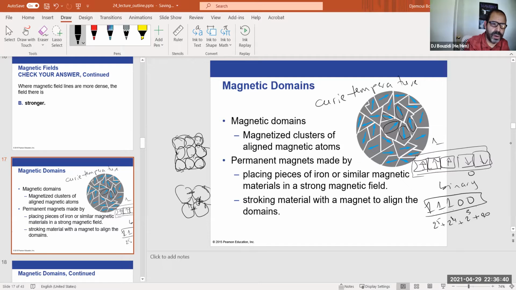That's 8, 16, and 32, plus 2 zeros. Anyway, forget about this, but it can be used as part of data storage.